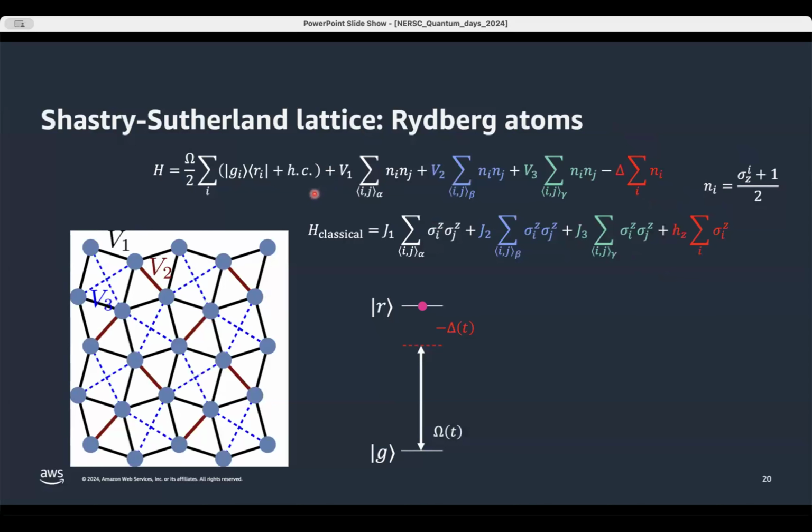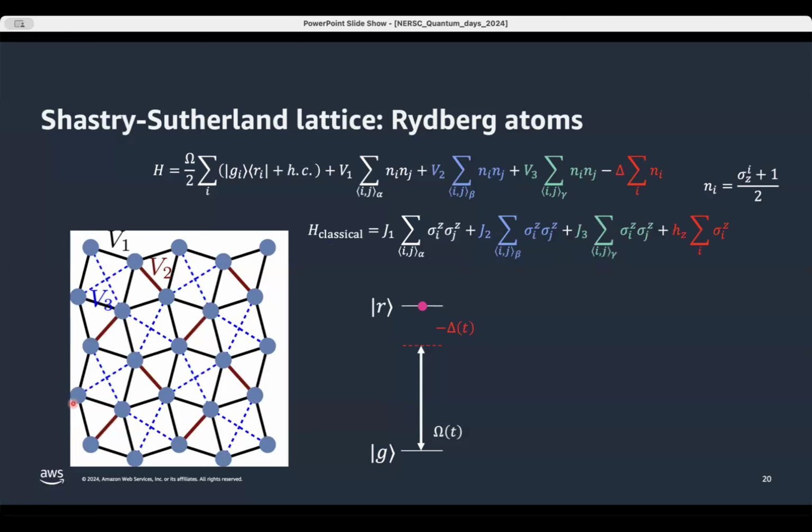And now we add one more term, that is the omega divided by 2 term here. That is a driving term that drives each atom. By the way, each atom is a two-level system with a ground state and a Rydberg state. And this omega divided by 2 term is driving the transition from the ground to the Rydberg state. And the Rydberg Hamiltonian-defined lattice looks the following way.